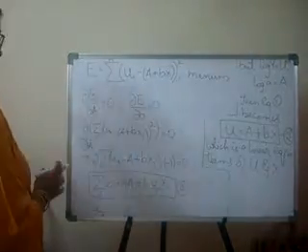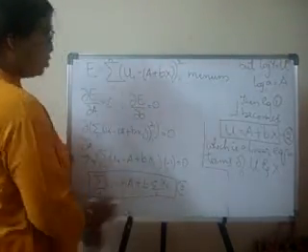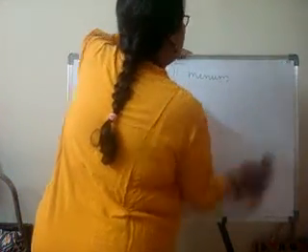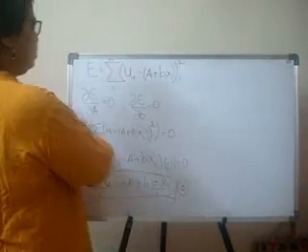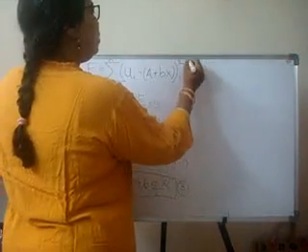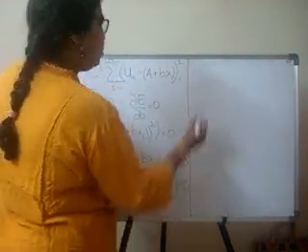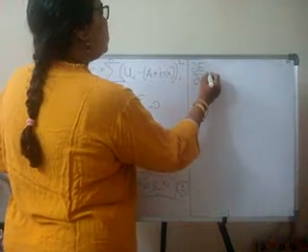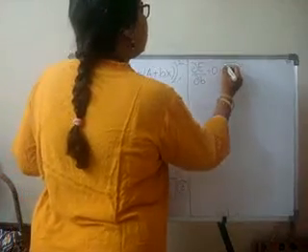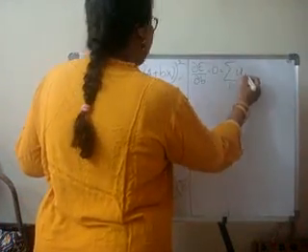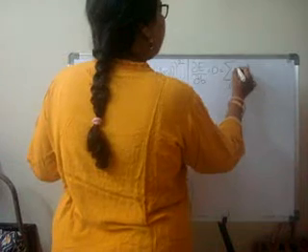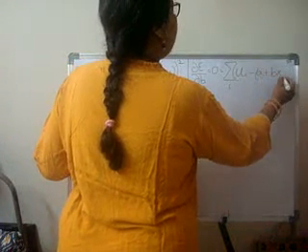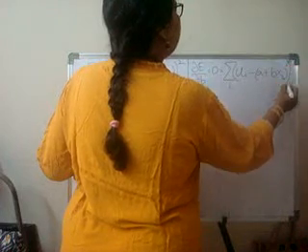And the same way, ∂E/∂b equals to 0, that is equal to summation over i of (ui − (a + bxi))².